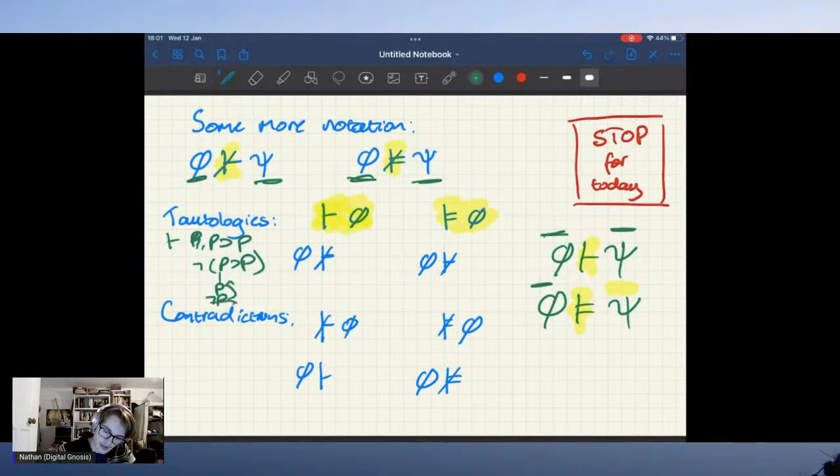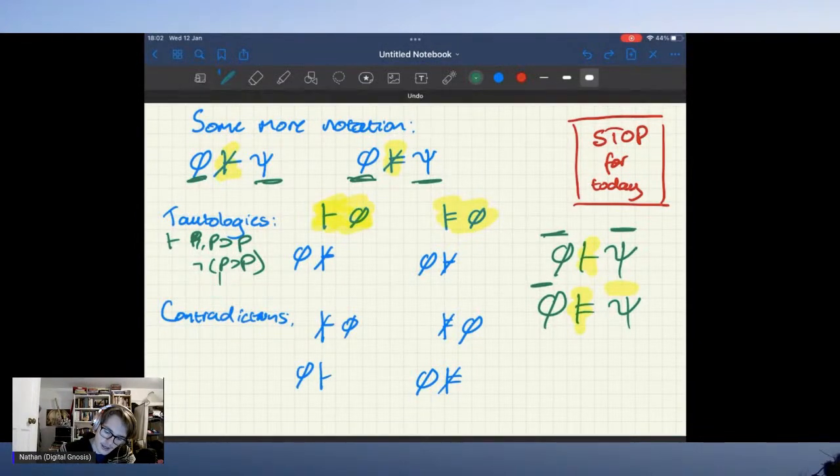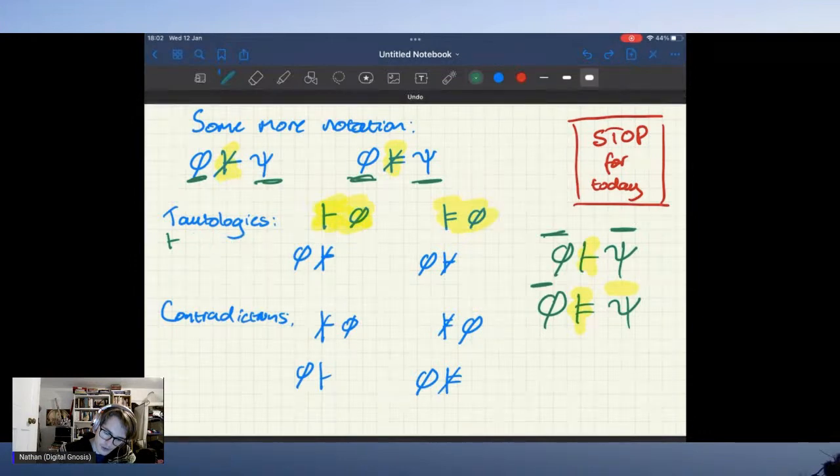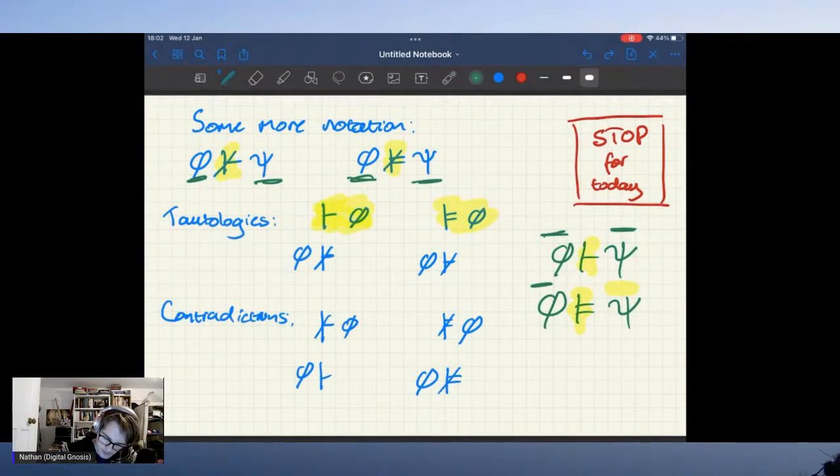And so you can see that that's just a logical truth. We can show that syntactically, or we could show it in the truth table. If we were to do the truth table for P, then P, with true and false, we have true, true, false, false. Both of those are true. So we can see that that's also a semantic tautology as well.